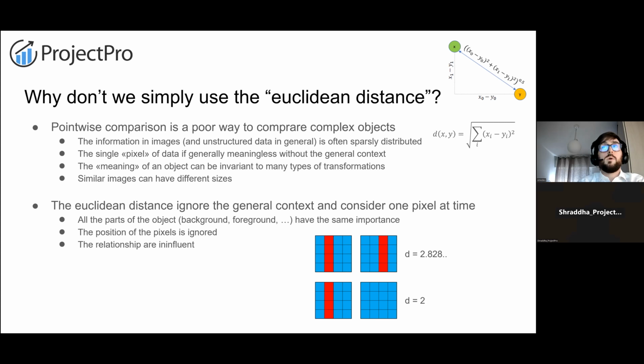Maybe in some cases it could work, but it will not work in general, because the Euclidean distance compares two objects or images, in our case, in a point-wise way. So it completely ignores how the information is spatially distributed, and only looks at one pixel at a time. This is not very useful for images.